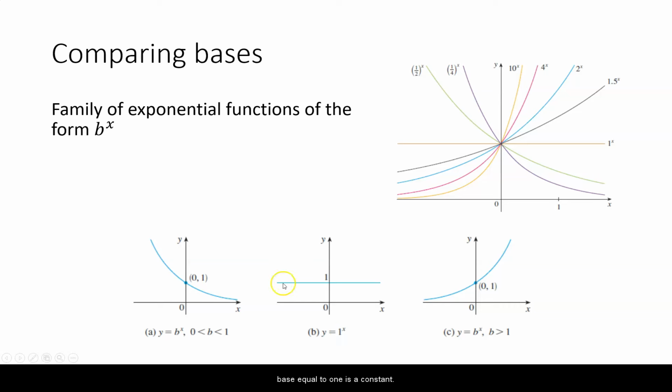With a base equal to 1, it's a constant function, and with a base that's greater than 1, we get an increasing exponential graph. So this is one way to characterize it. Here I would consider this a growth function exhibiting exponential growth. This one's decreasing, so we would consider this a decay function exhibiting exponential decay. On the other hand, this one in the middle would just be a constant function.